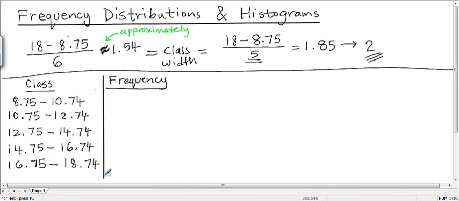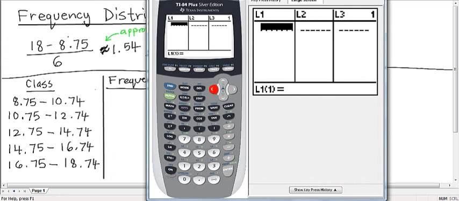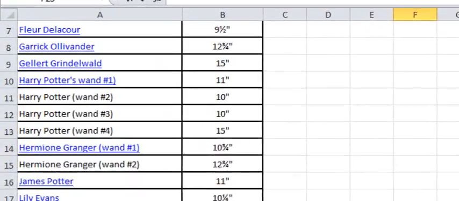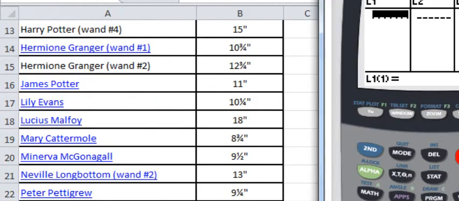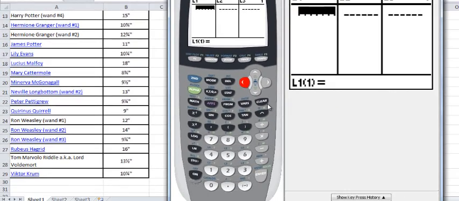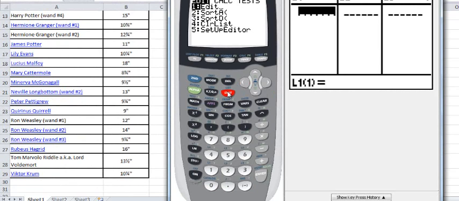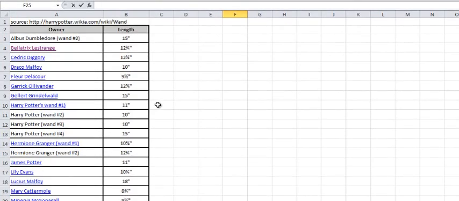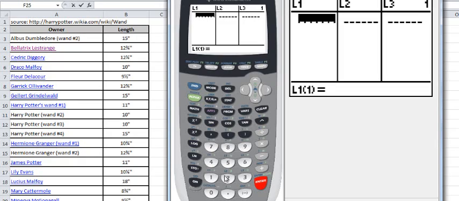Now I want to look at the frequencies. For the frequencies, it really helps if you sort this data. What you can do is plug this data into your calculator, because I'm assuming you're not working with Excel right now. You can put this data into your calculator in the list. So how do we go to the list? Stat, Edit, and just put this data into the list as it is. 15.